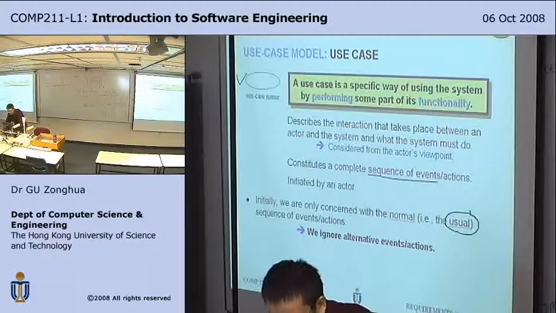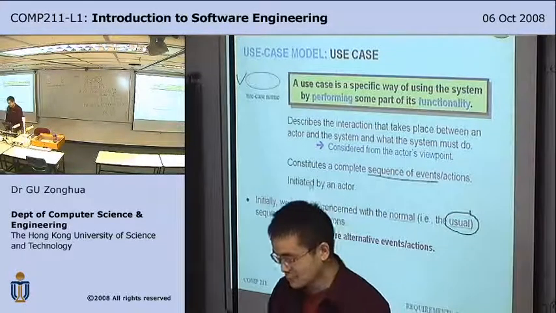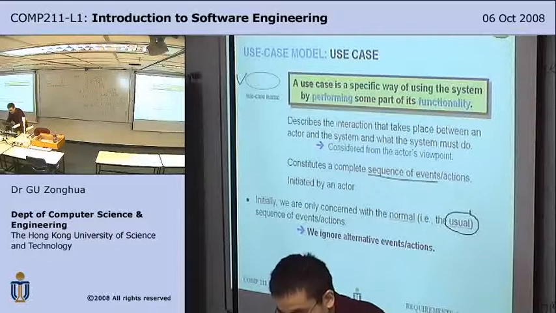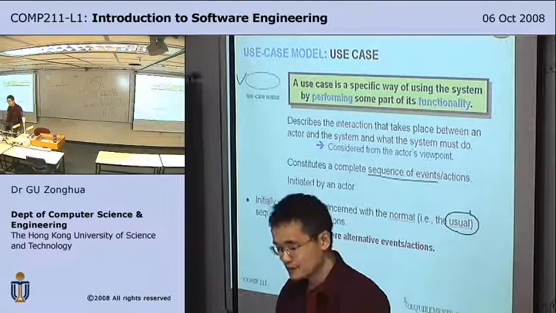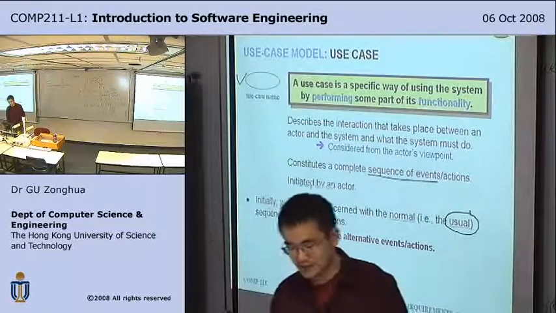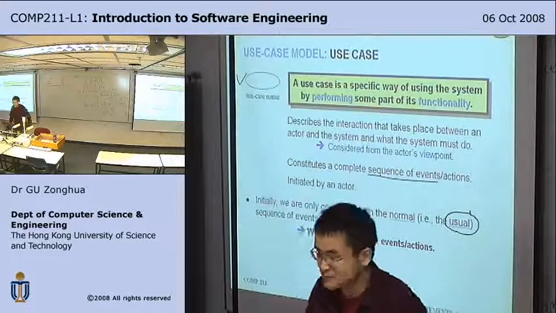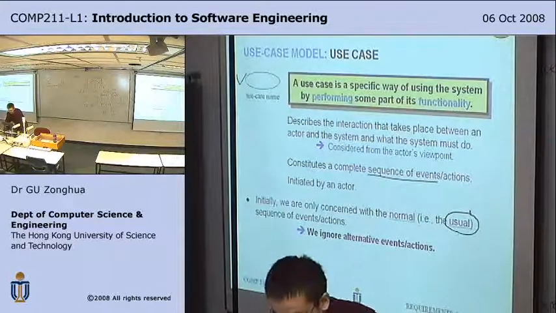The alternative event actions represent the exceptions. So when something goes wrong, how do you handle that? Just like in regular programming, when you write your Java program, for example, you always write the mainline code first, and then add exception handlers later, right?